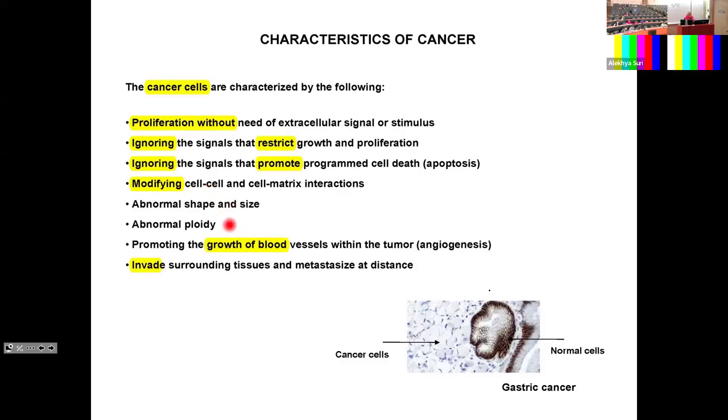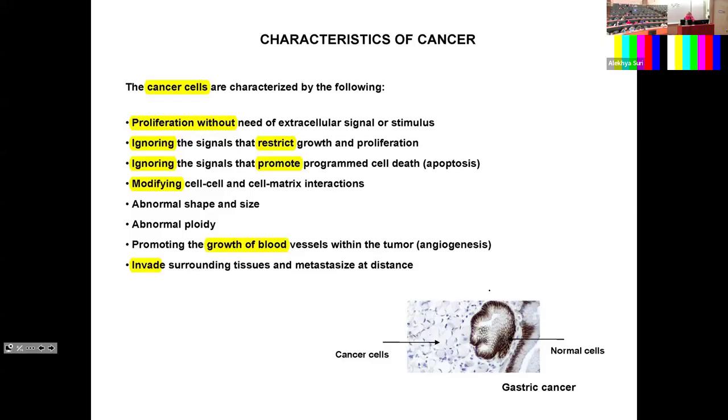Also, there are modifications in the cell-cell interaction and the cell-extracellular matrix interaction. We are going to see some tumor cells have abnormal shape and size, and also abnormal ploidy. Do you know what ploidy is? It is when the cells separate, right? They have the segregation of the chromosomes. In this case, things fail, and one daughter cell sometimes has more chromosomes than the other.